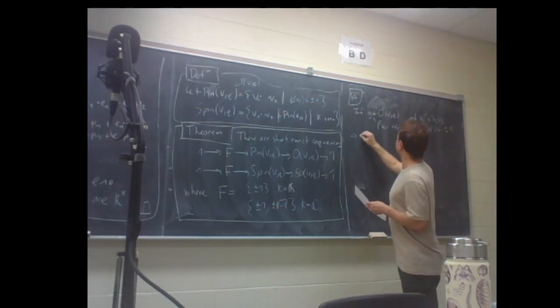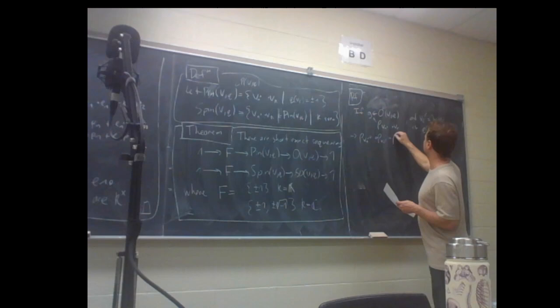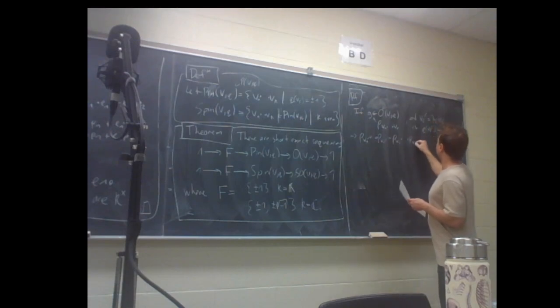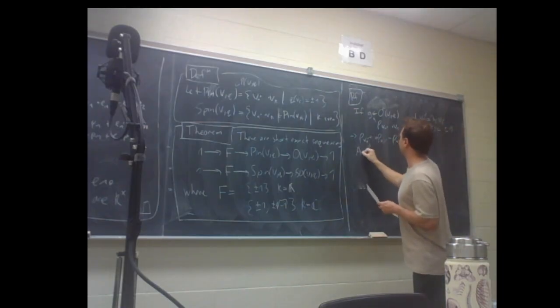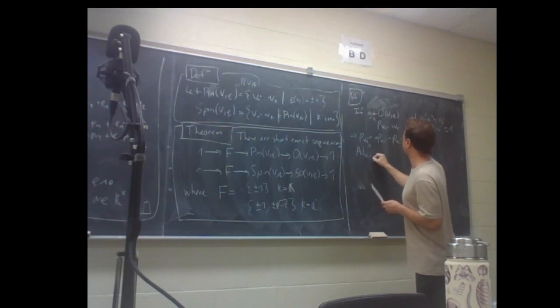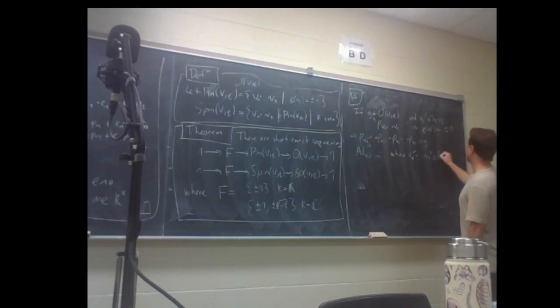we're going to get that rho v1 prime circle up to rho vr prime is equal to rho v1 circle up to rho vr, and this is g. But this is now the adjoint map of v1 prime times up to vr prime, where v1 prime times up to vr prime is in Pin.